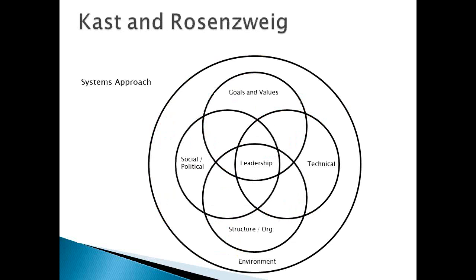He was not a big proponent of slogans like "quality is job one." In fact, in his 14 points, he says to get rid of all those slogans and phrases. So again, it has to do with goals and values and technical.